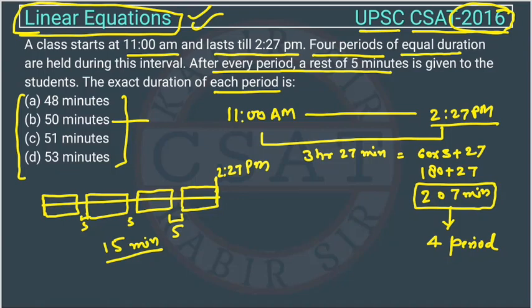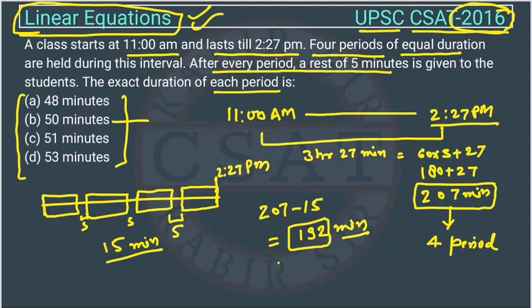So total we have 207 minutes. 15 minutes we will deduct because in these 15 minutes there is no class. So 207 minus 15 becomes 192 minutes, and in this we have to fit 4 periods.